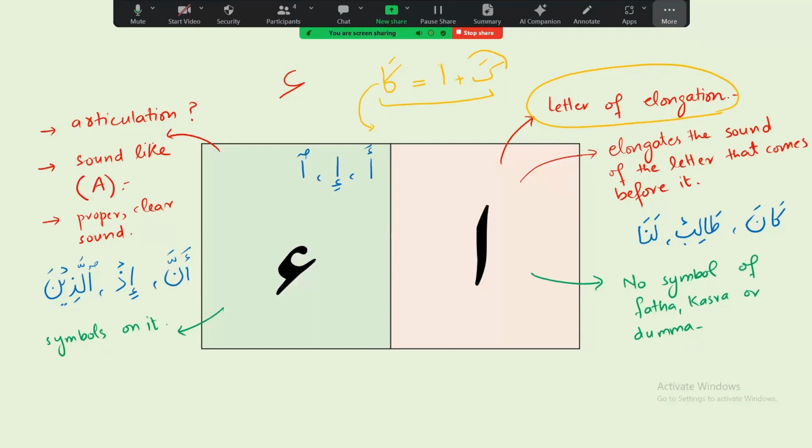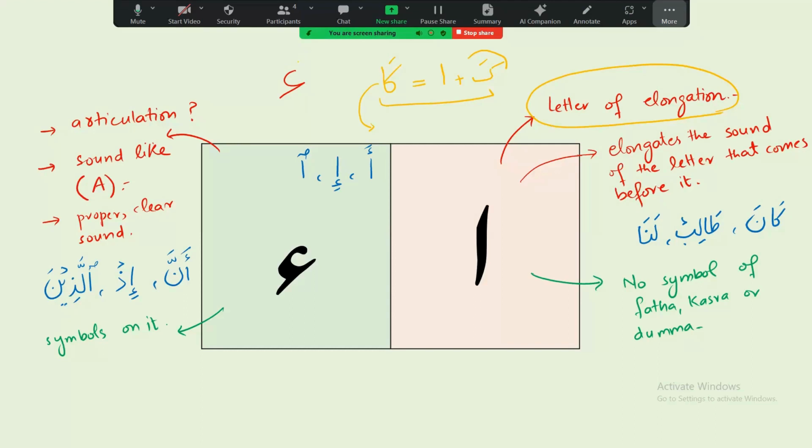Ka plus this Alif sound becomes a prolonged sound of Kaa, right? So you will get from here that Alif actually is just a letter of elongation, right? It elongates the sound of the letter that comes before it. So it means that Alif will not come at the start, but rather Alif will either come in the middle or at the end of the word. Okay, so this is what we know of Alif.